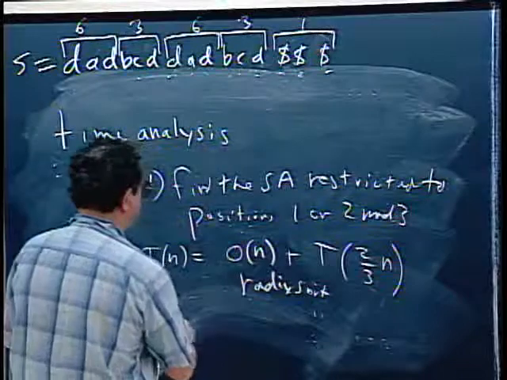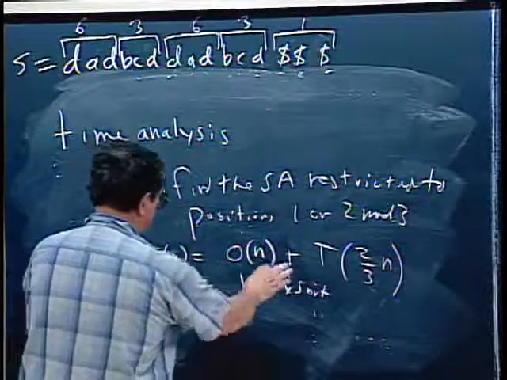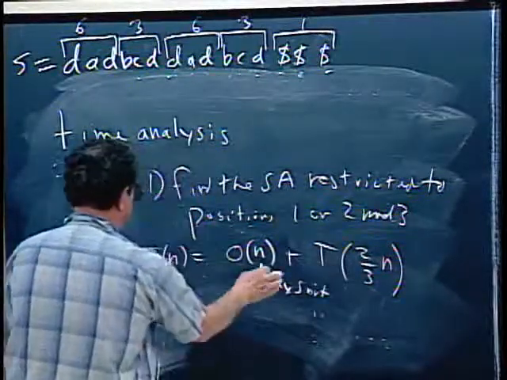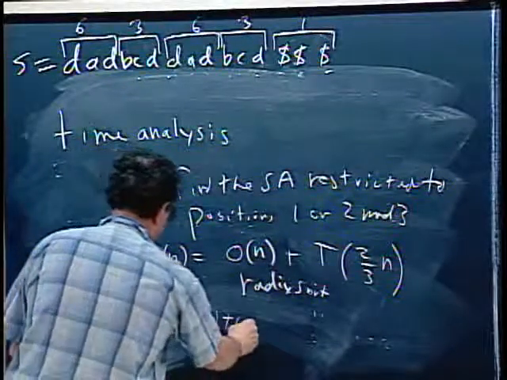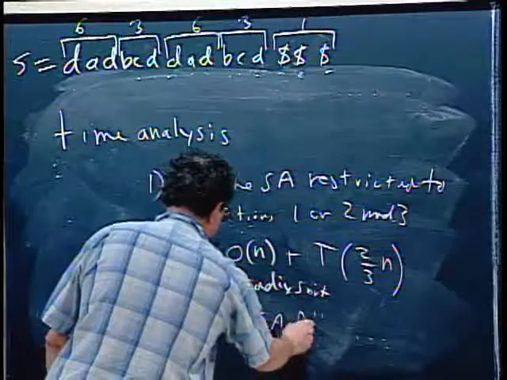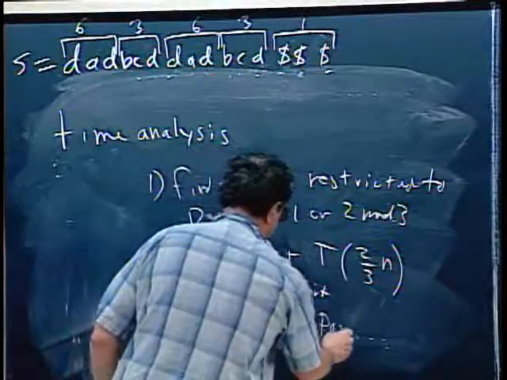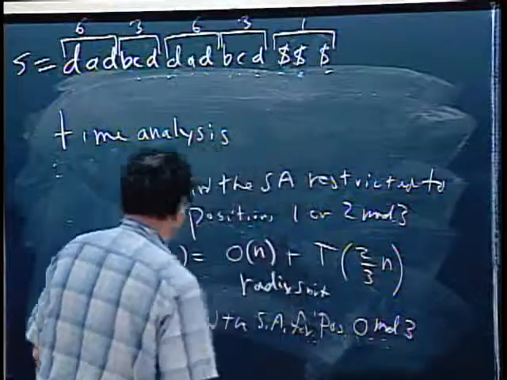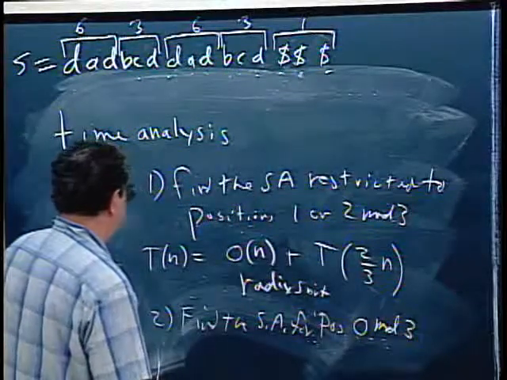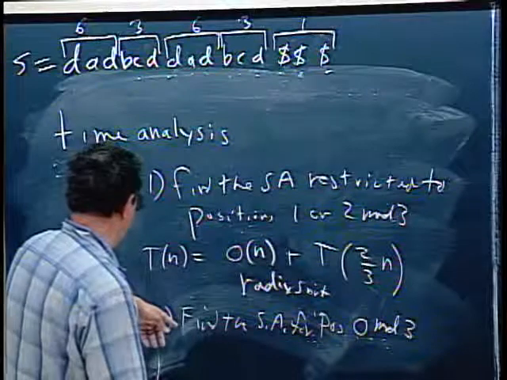And then we said we had to find, but this isn't quite finished yet, we also have to find the suffix array for positions 0 mod 3. Okay? And what did that involve?